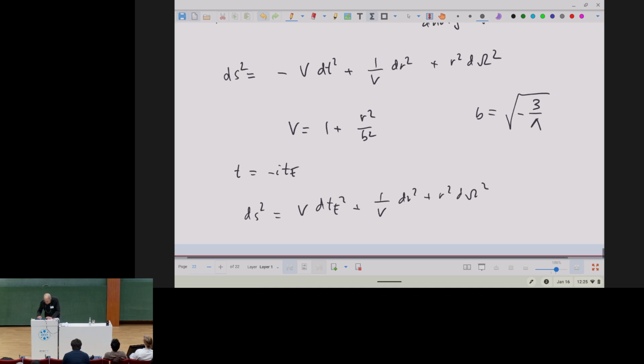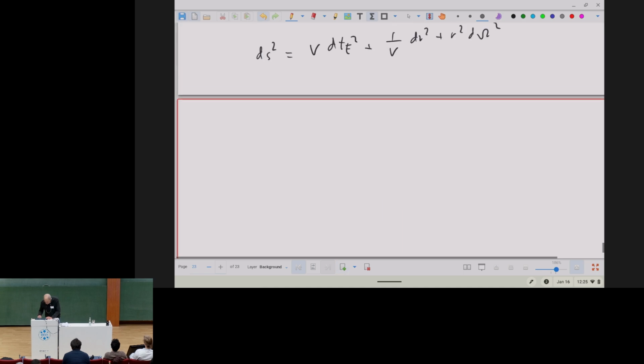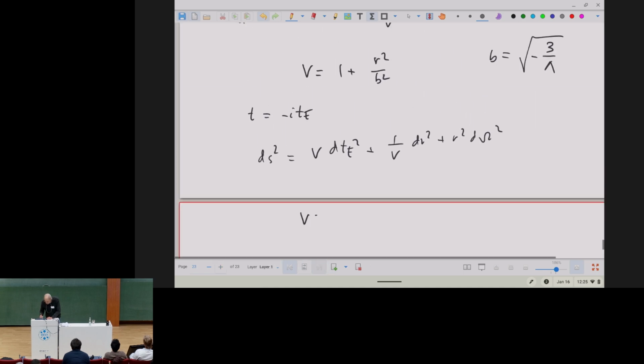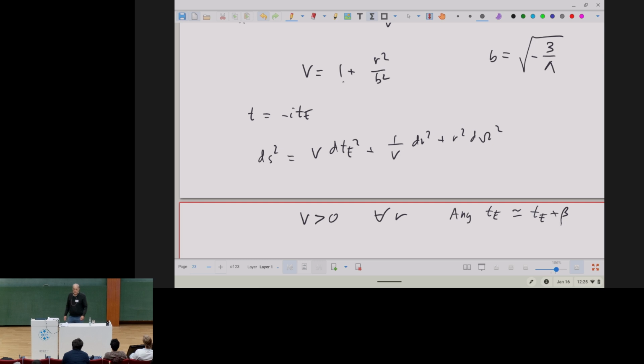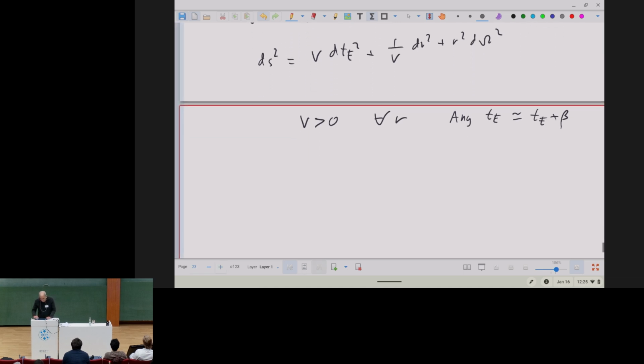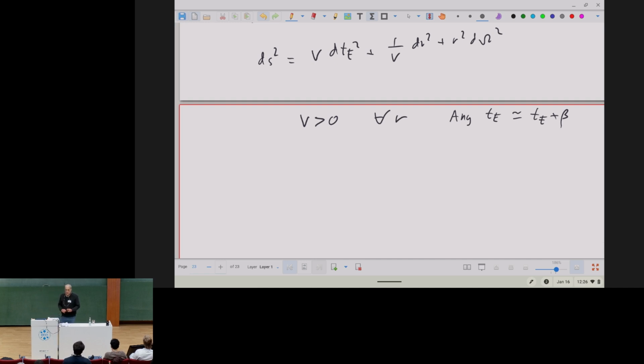And here, you see that V is positive everywhere because of the 1. And since V is everywhere positive, this metric is smooth with any period of t_E. We can assume any period beta for t_E, and that will be a smooth metric in Euclidean signature.